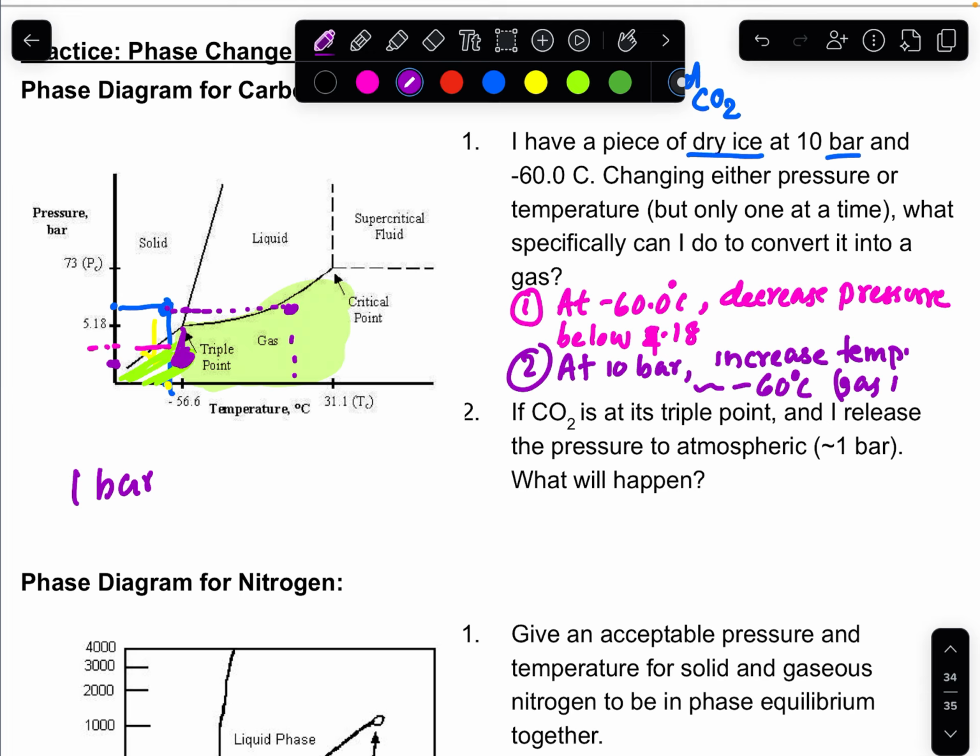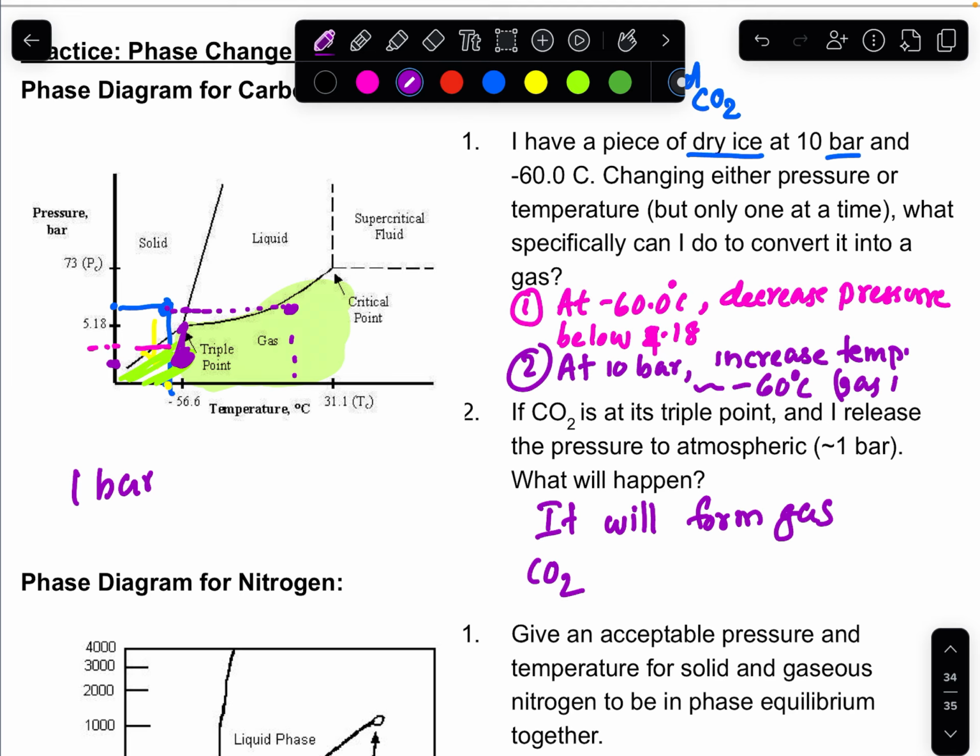So what will happen? That will convert into gas. So it will form gas. Okay, so that means carbon dioxide, that was this point, it was the triple point.